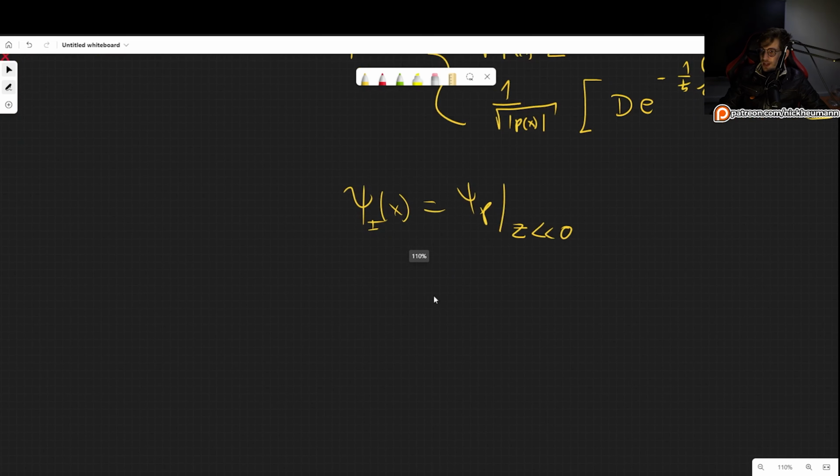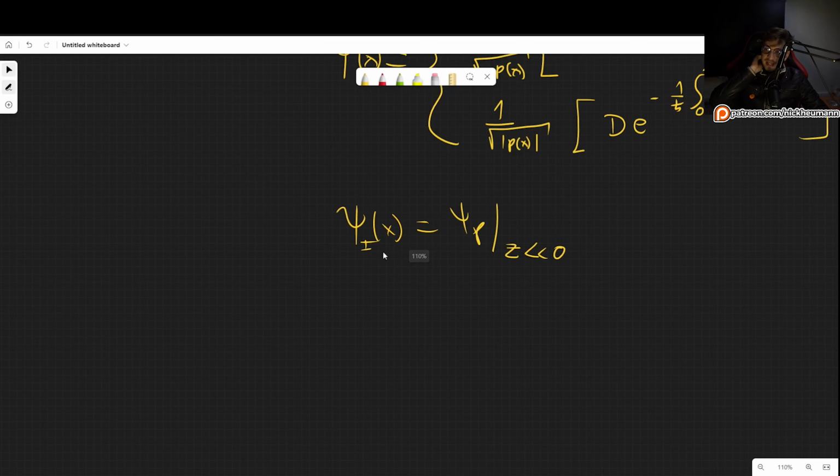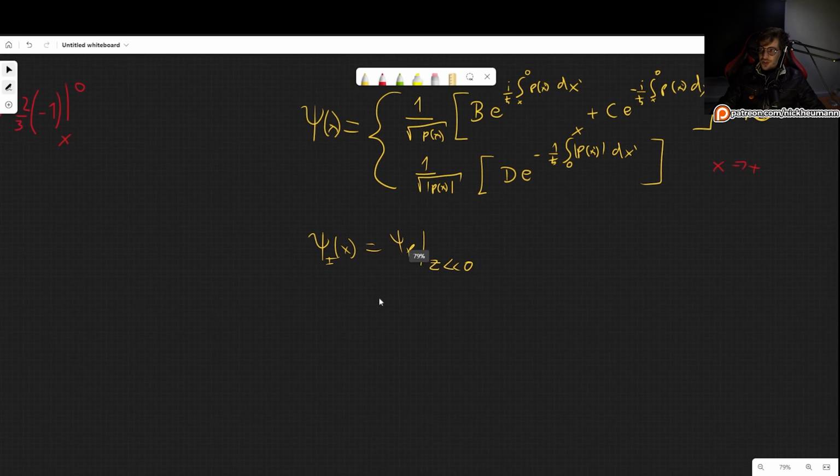So let's just begin, as I mentioned, with region 1. So what we will now do is simply apply boundary conditions. We want our patching wave function to be the same as our wave function in region 1, and we will do the same for region 3 very soon. So what is the wave function for region 1?